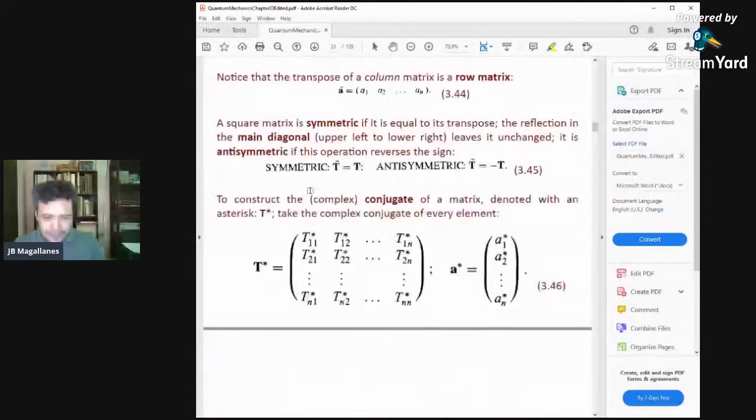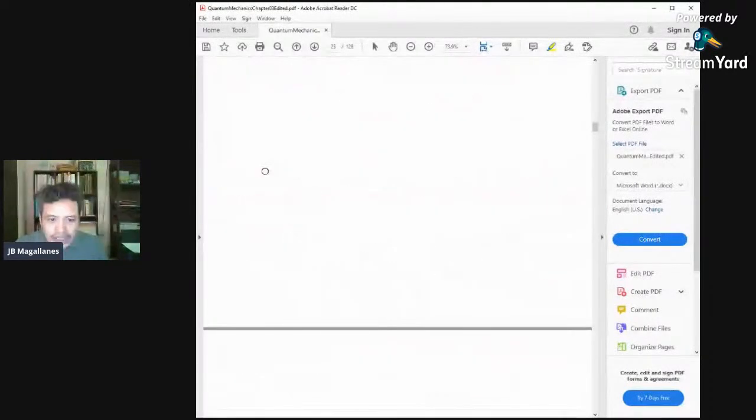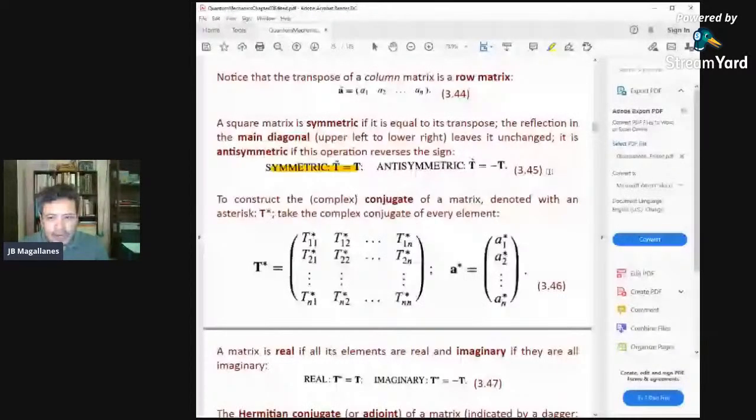So for the symmetric matrix, the transpose is equal to the original matrix, and the antisymmetric matrix will be the transpose equal to the negative of the original matrix, meaning the signs of all the elements are opposite to the original.